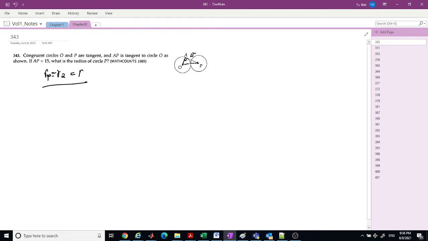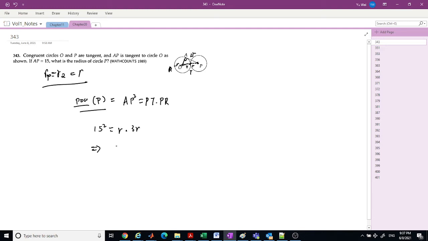So we can connect PQ. Here is R, here is R, and we can extend it. Here is R, so the touching point is T. Based on the power of the point P, we know AP squared is equal to PT times PR. So 15 squared is equal to PT, which is R, times PR, which is 3R.